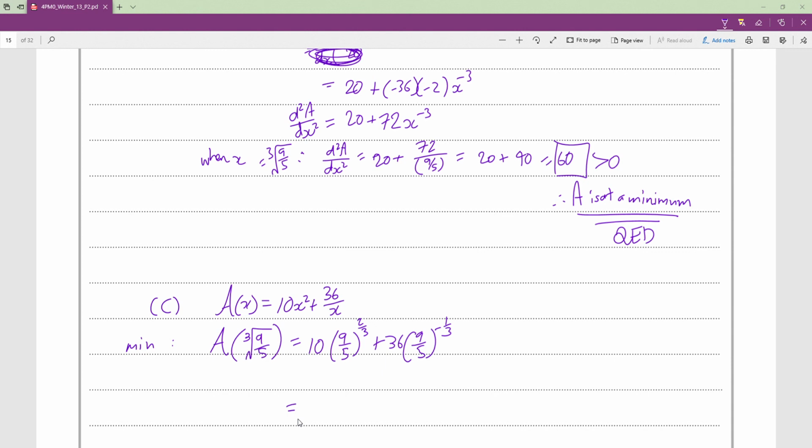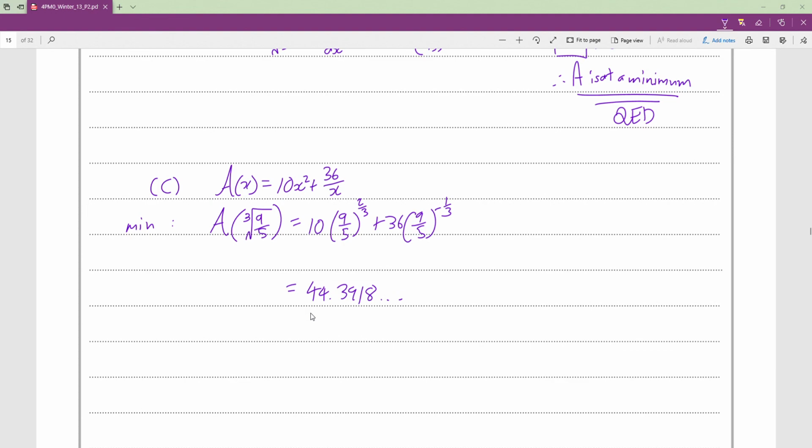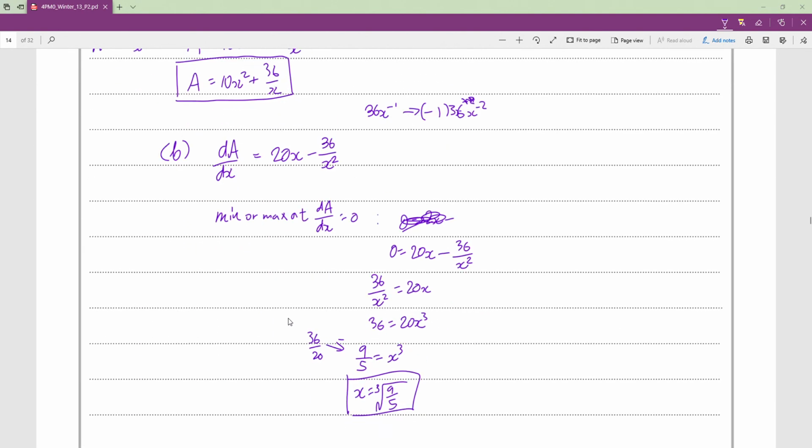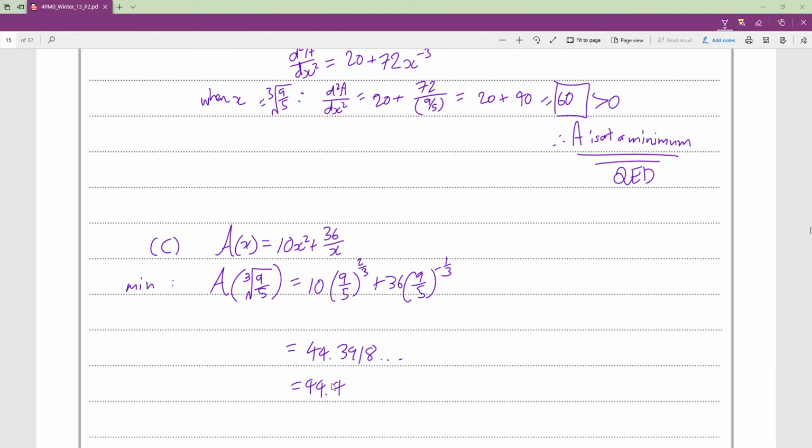10 times 9 over 5 to the power of 2/3 plus 36 times 9 over 5 to the power of negative 1/3 is equal to 44.3918..., which is 44.4, and given that the surface area is A cm squared, A is not a quantity with units.